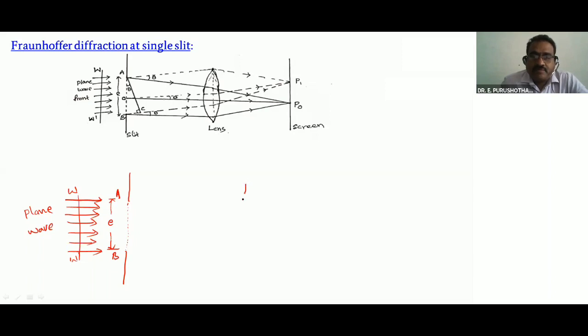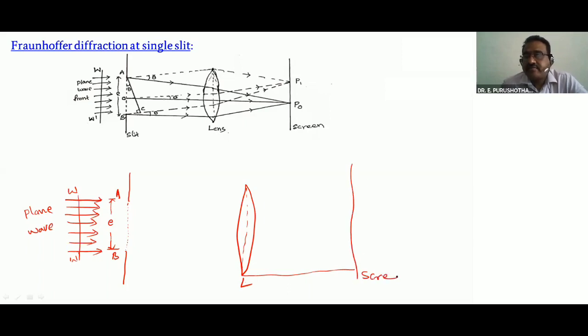So this is the convex lens L. At a focal length of this convex lens, let us take a screen. This is the screen, at a distance of focal length.